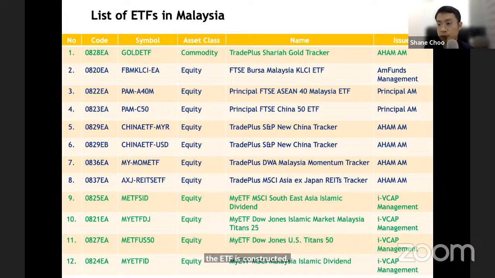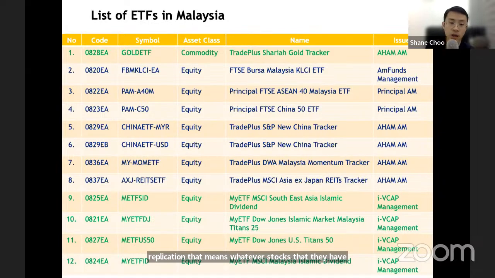For an ETF that is full replication, whatever stocks they have as constituent stocks, they will buy using cash to their specific weightage, and that's what it is. It replicates the exact index, right? So there's no mathematical formula.